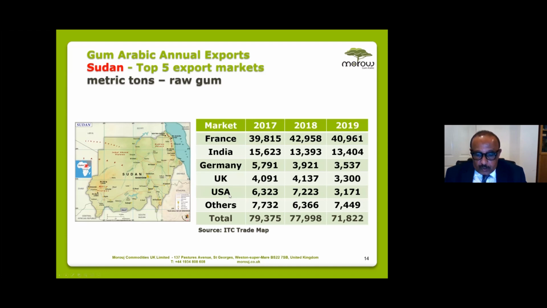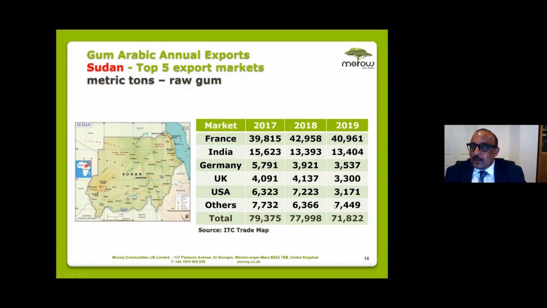All of those are spray-dried gum manufacturers. So if you add the French imported gum plus the gum that went to Germany, UK, and USA, this is equivalent to about 70% of the Sudanese gum arabic going to the spray drying process.